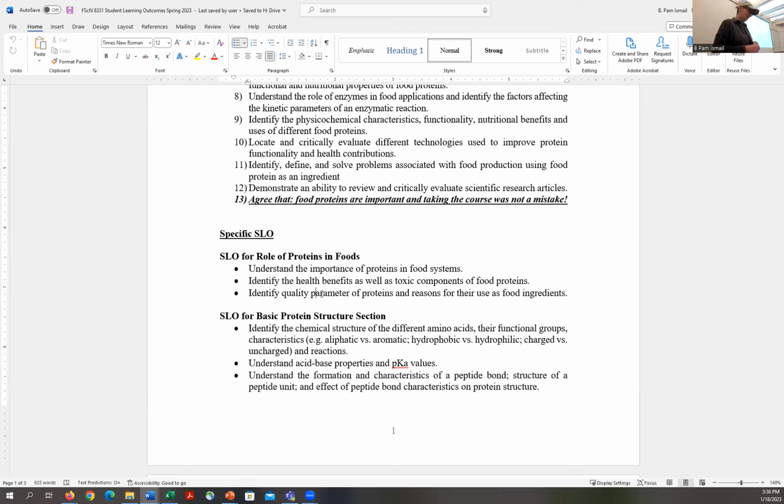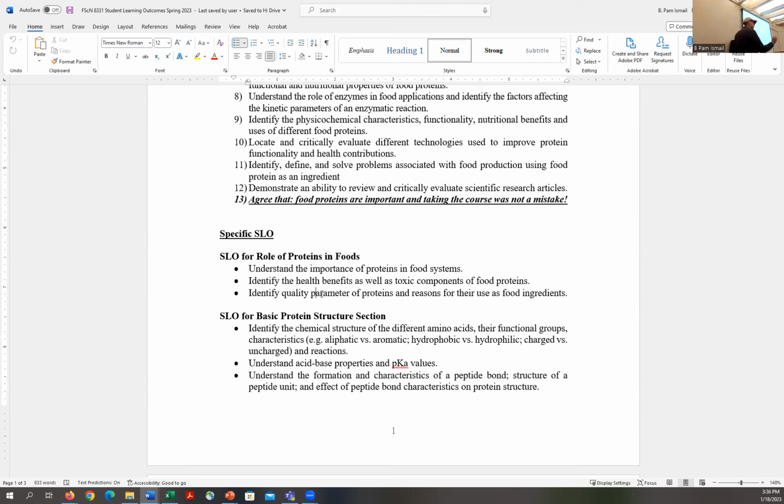Do I know the chemical structure of the different amino acids? Yes, you're gonna learn those structures. You're gonna hate me when you learn them, but I don't care. You're gonna appreciate knowing them because this will put the pieces together for you: how a secondary structure is formed, how a tertiary structure is formed, how a quaternary structure is formed. Why do we have certain interactions and how these interactions impact the functionality of the protein?